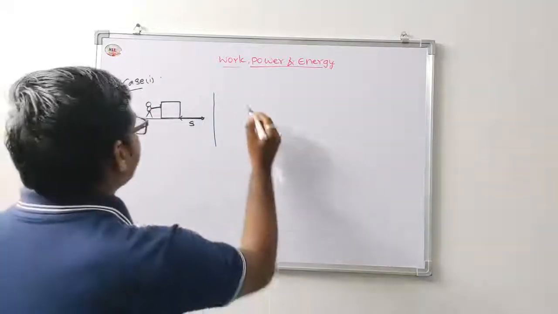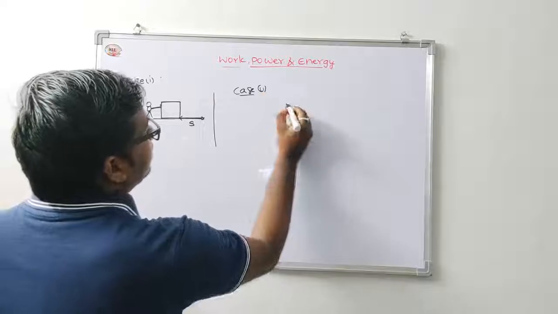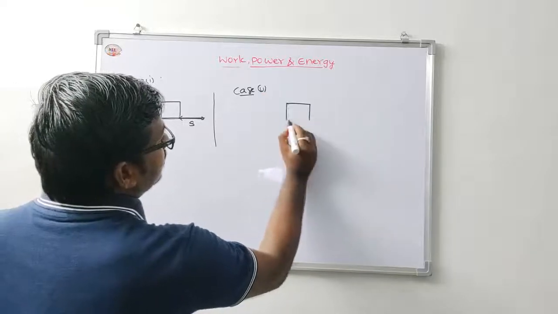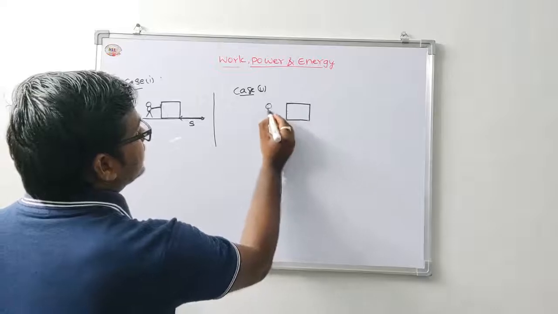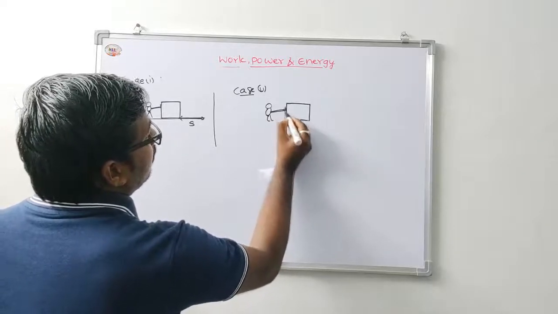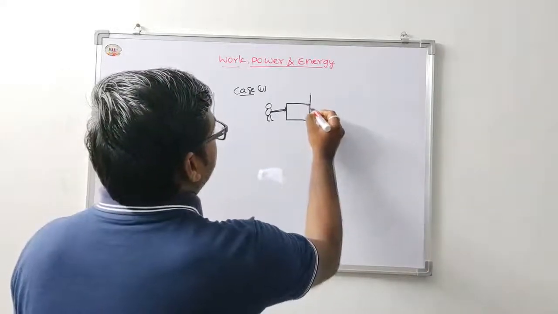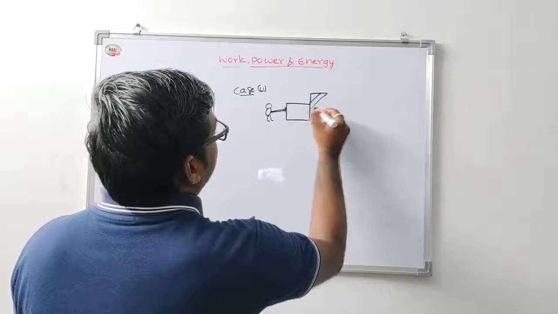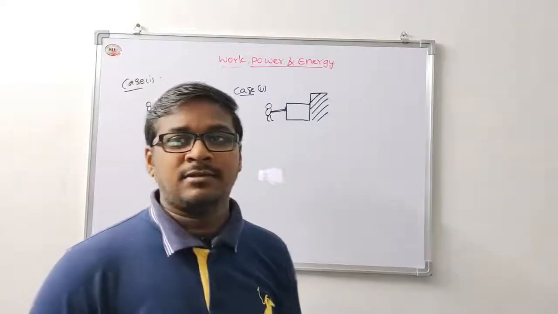And in the second case, another person is pushing the same block along the surface but against a wall, so no displacement occurs.